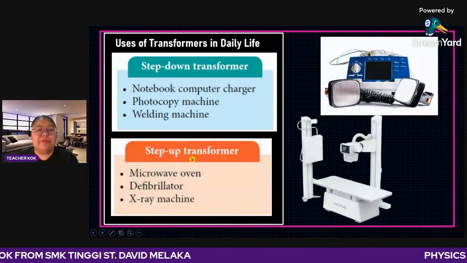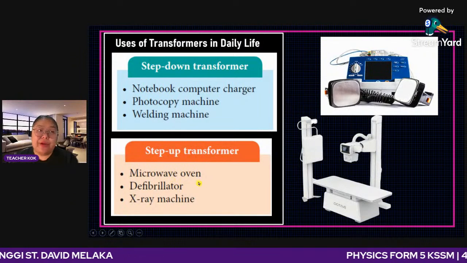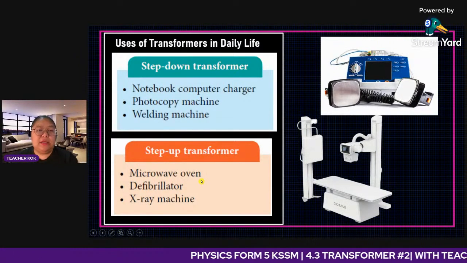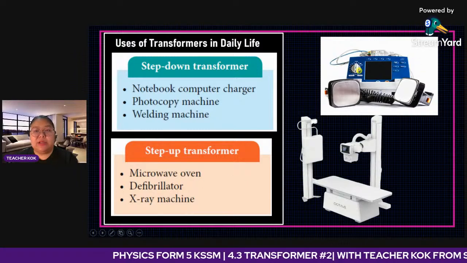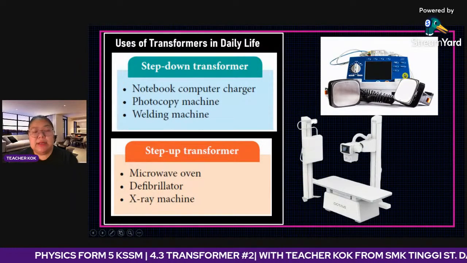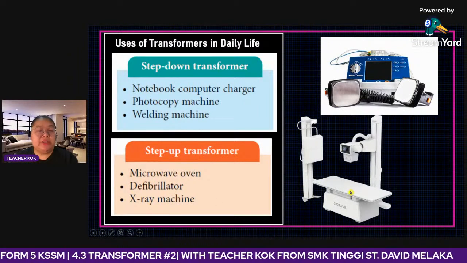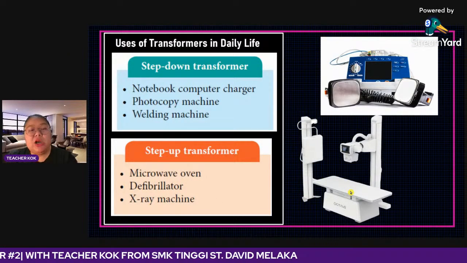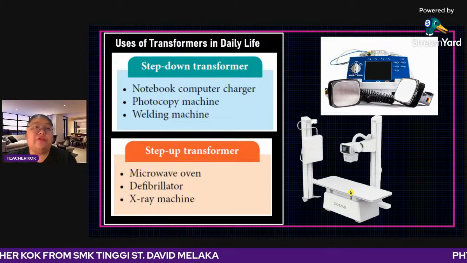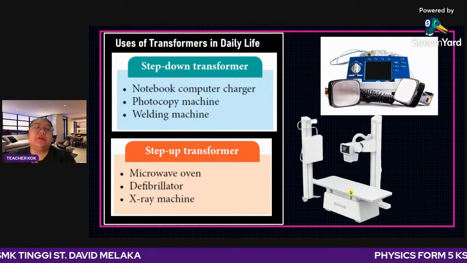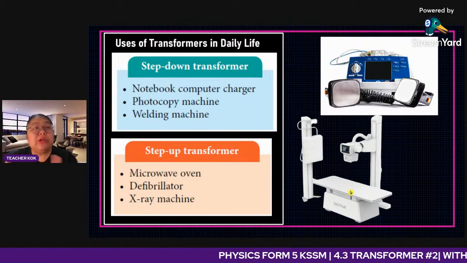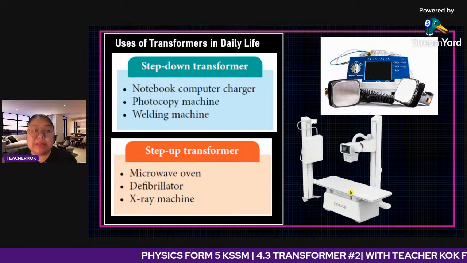Examples for step up: microwave oven, defibrillator, which is used by the hospital, and X-ray machine. They want to use high voltage, so we use a step up transformer. So these are the uses of the transformer in our daily life. We can separate them into only two types, step up and step down.